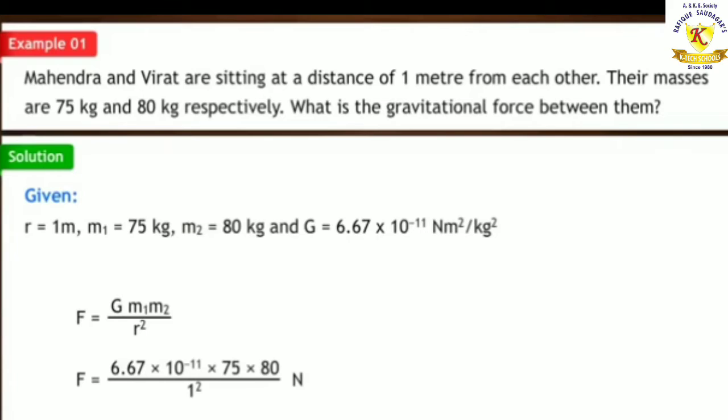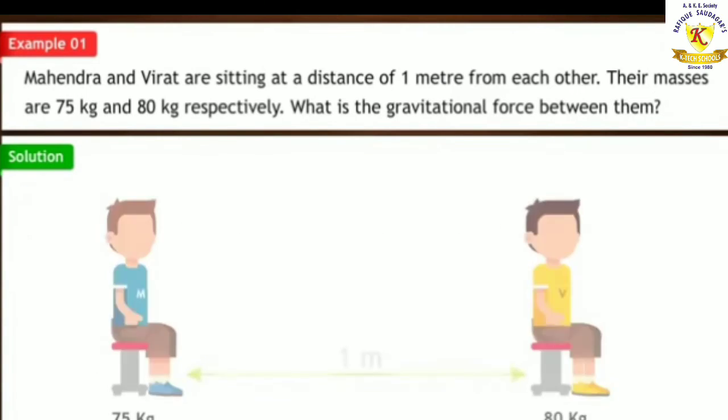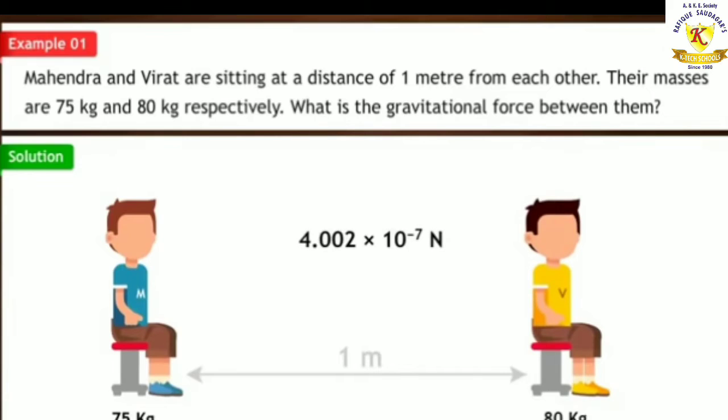So F is equal to 6.67 into 10 raised to minus 11 into 75 into 80, the whole divided by 1 square N. So the answer comes to 4.002 into 10 raised to minus 7 N. The gravitational force between them is a very small force. It is 4.002 into 10 raised to minus 7 N.